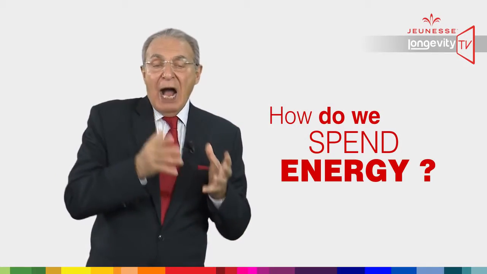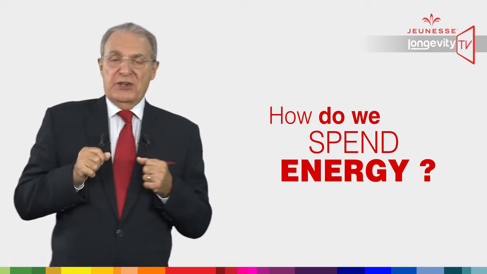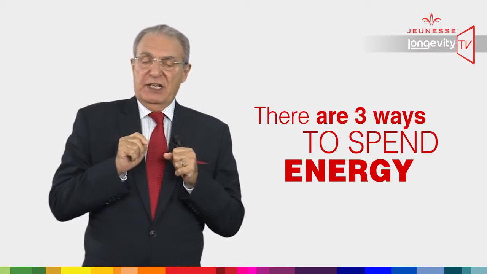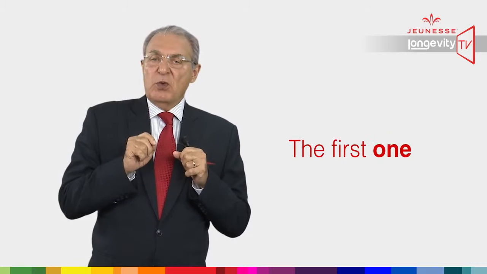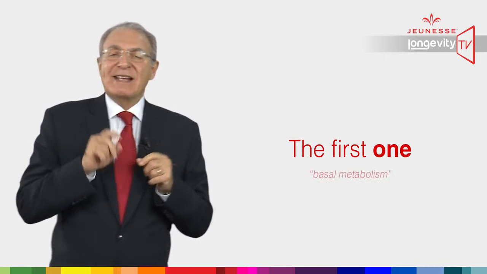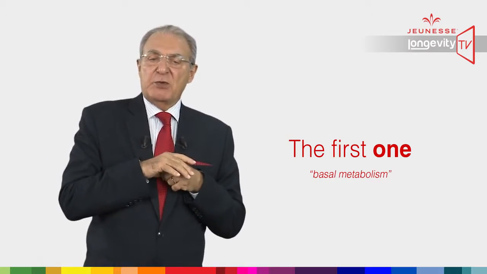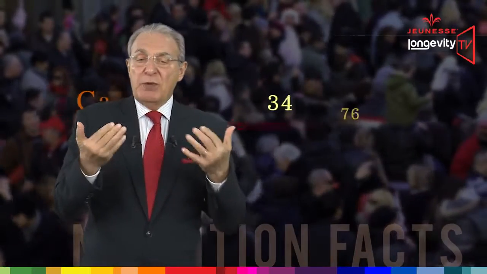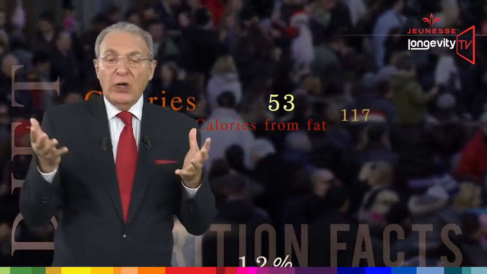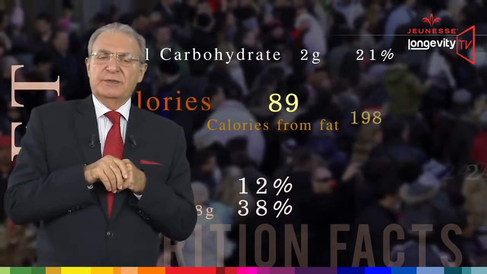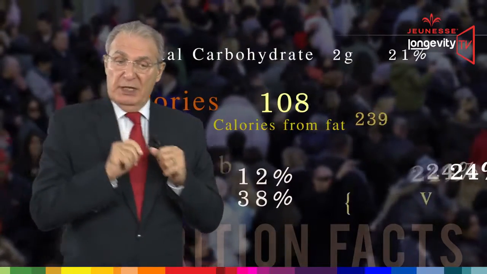Now, how do we spend energy? There are 3 ways to spend energy. The first one is what we call basal metabolism, which is the necessary energy required to get our body working and all our millions of chemical reactions working properly.